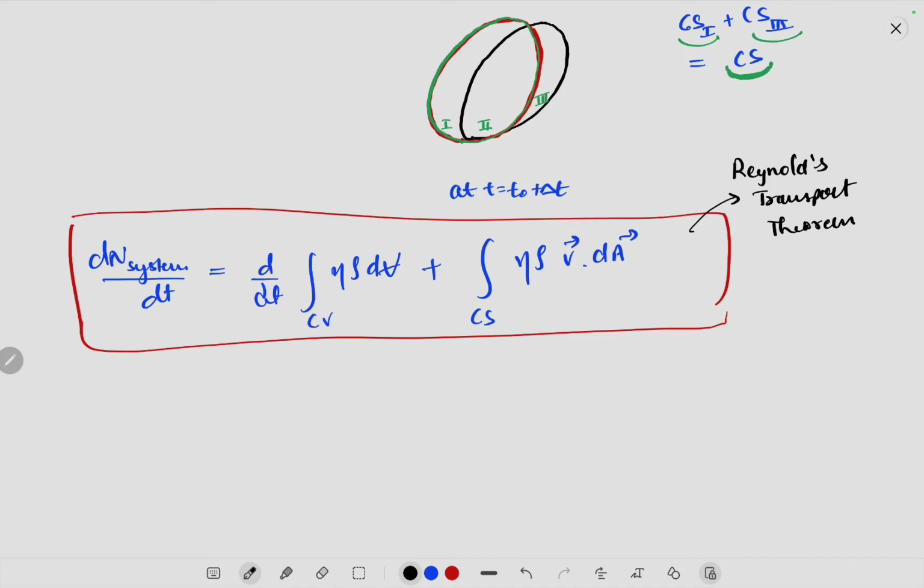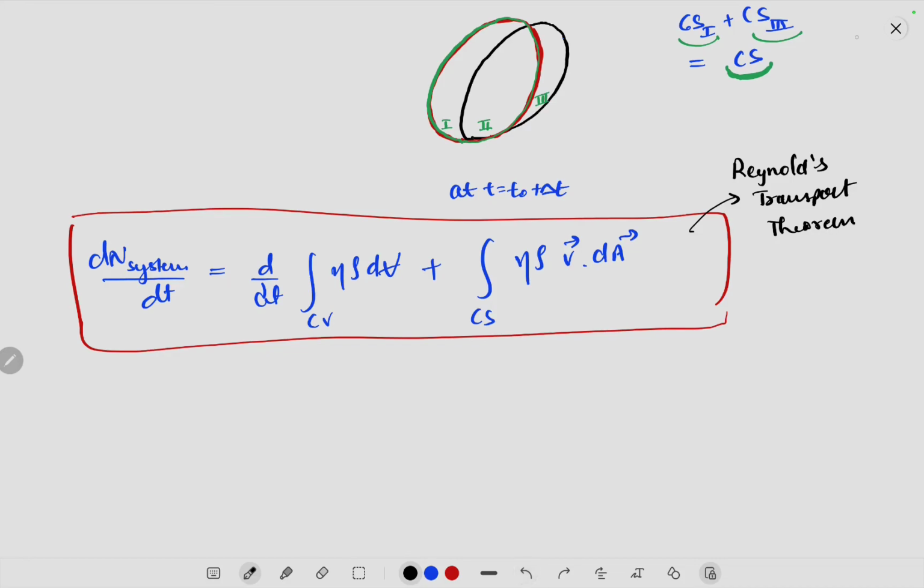It relates your extensive quantity in the control mass with the extensive quantity in the control volume, because this is the volume of your control volume, and this is the boundary, or the surface, of your control volume.